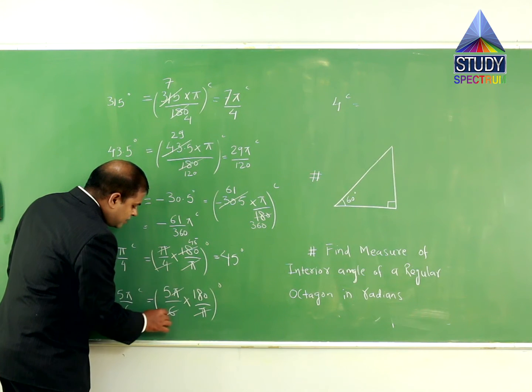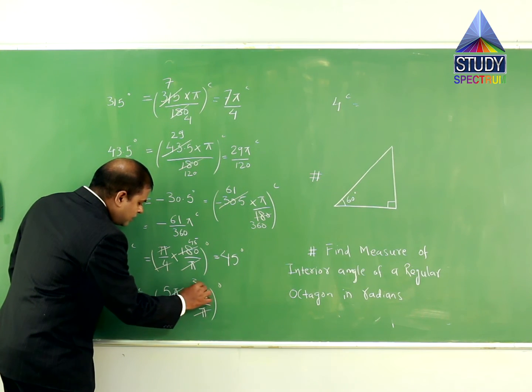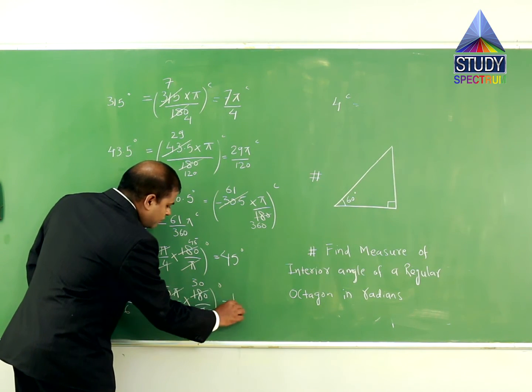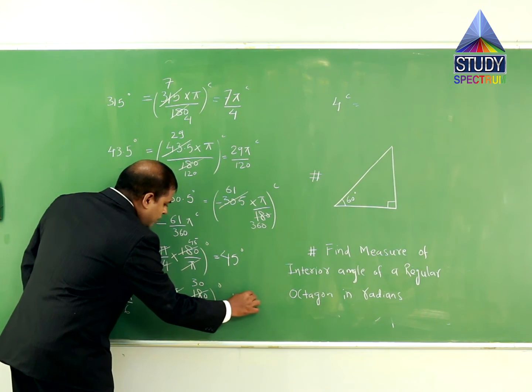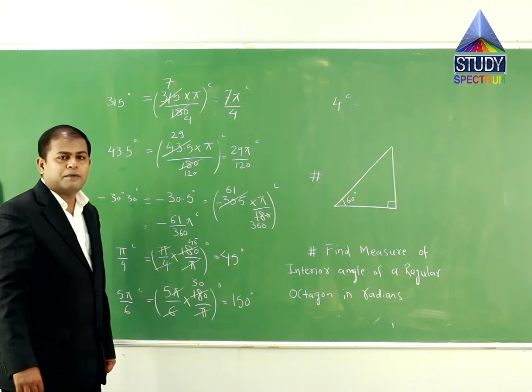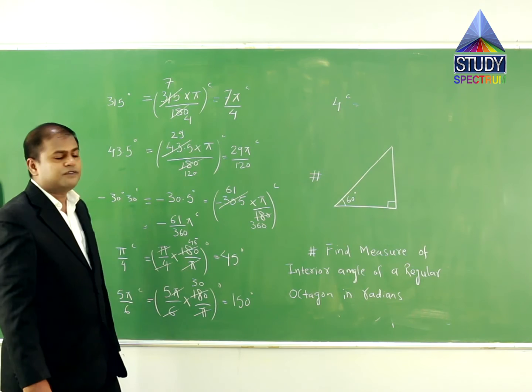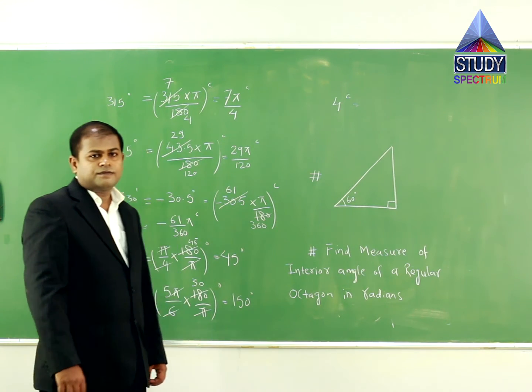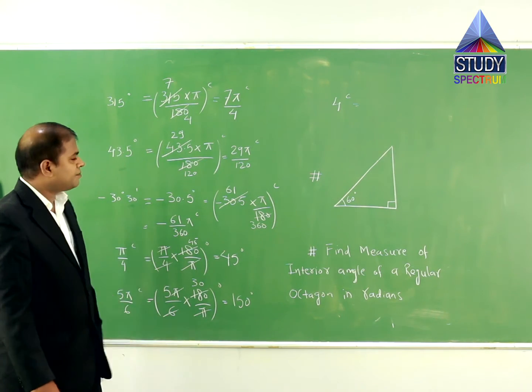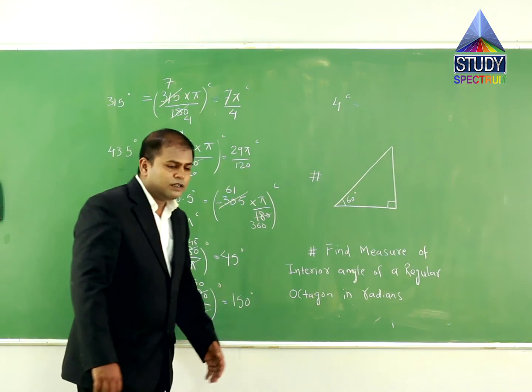Pi gets cancelled, 6 into 30, 5 times 30 is 150. So degree measure of angle 5 pi by 6 radian is 150 degrees. Right? Okay. Moving to next.